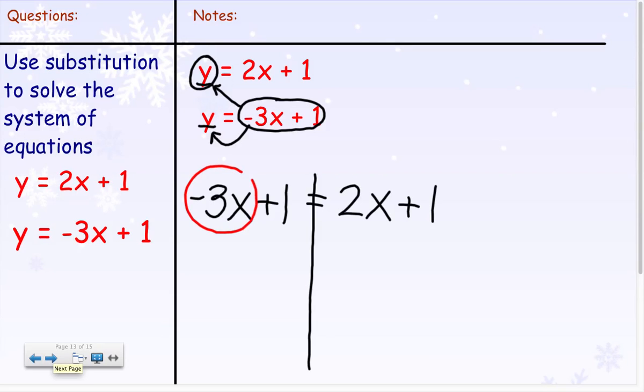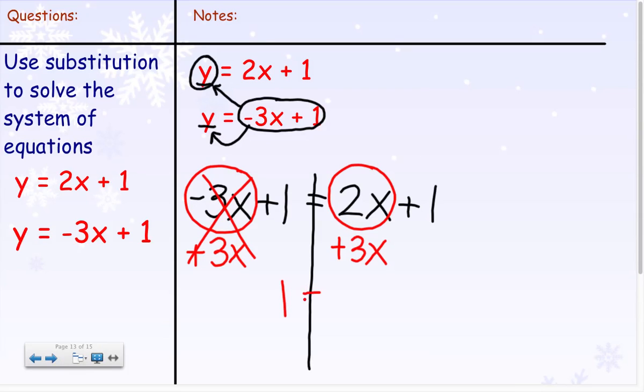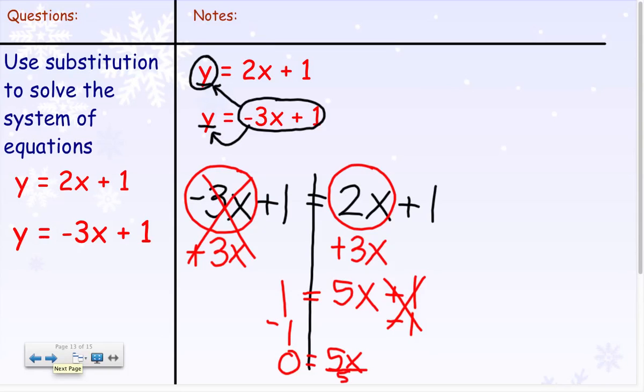So now I have a variable on opposite sides. I need to get it on the same side. So I could either add 3x to both sides or subtract 2x. I'm going to add 3x because that will keep everything positive. Then I'll subtract my third wheel on both sides. And it's okay that you're going to get a 0 there. We'll still divide both sides by 5. 0 divided by any number is 0.